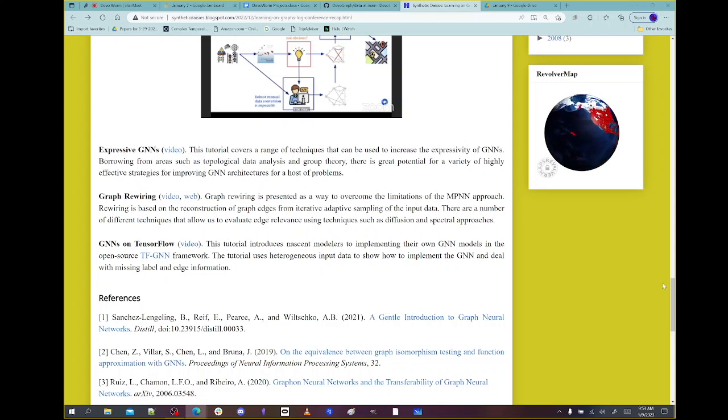can you cast the net of your method to a series of problems. So if I have a neural network and I'm running it, can I run it on any problem in the world, or can I only run it on a small range of problems? When you talk about an algorithm's expressiveness, you're talking about how widely you can cast that net.